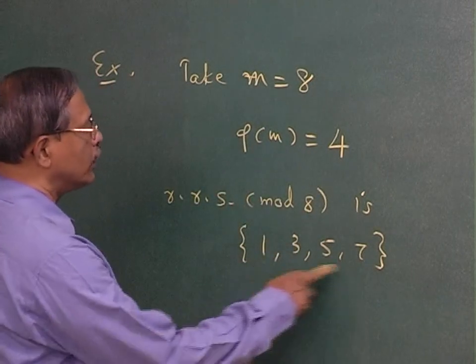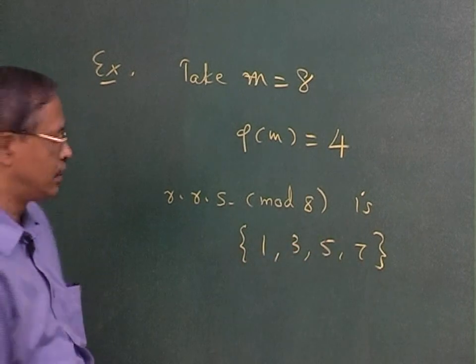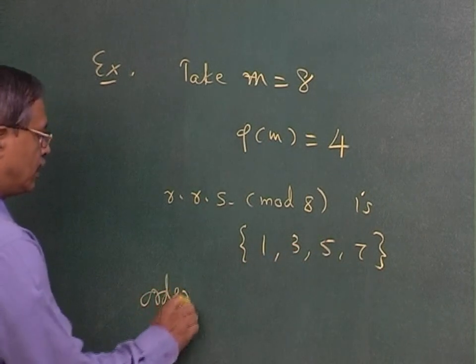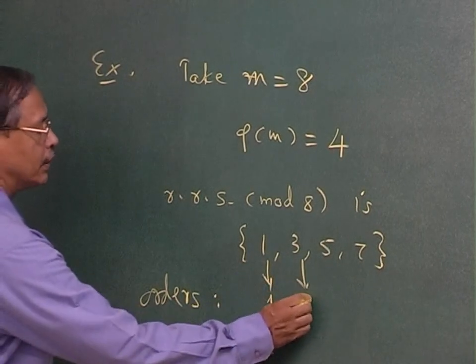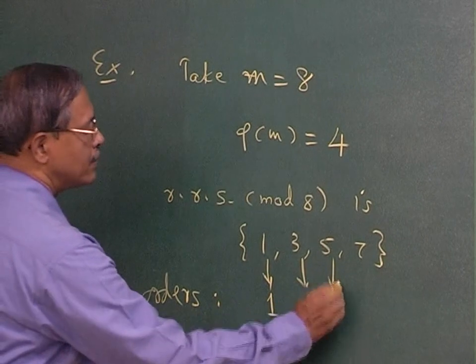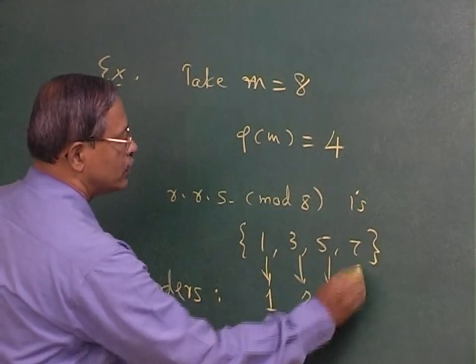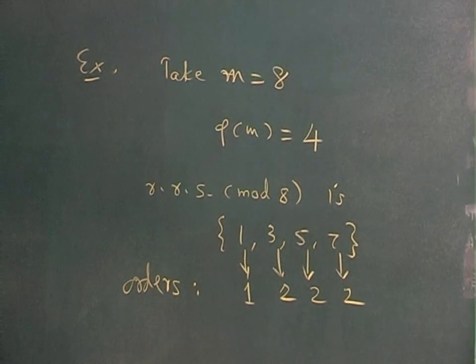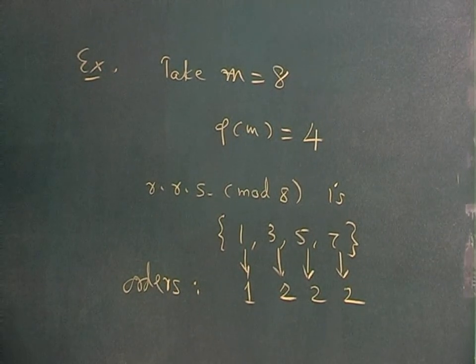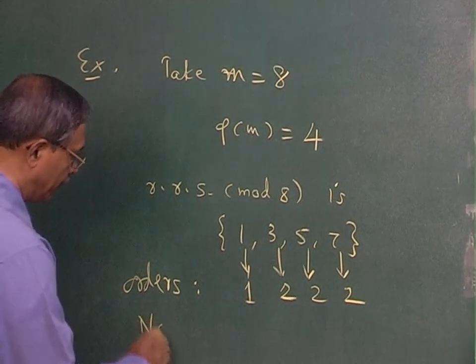What are the orders of these elements? Let us list the orders. This is order 1, 3 square is 1, so order is 2, 5 square is 1 mod 8, order is 2, and this is also of order 2. So there is no element of order 4, which is phi of 8.